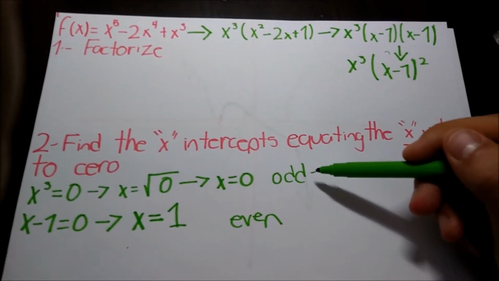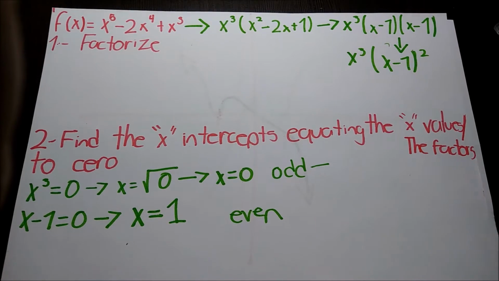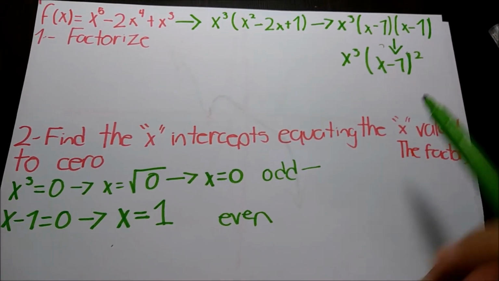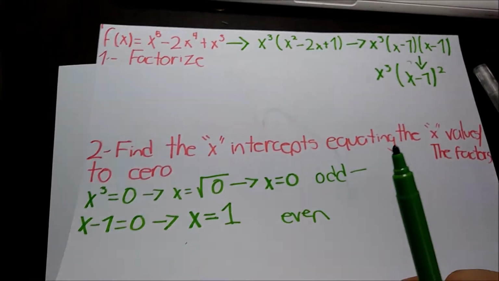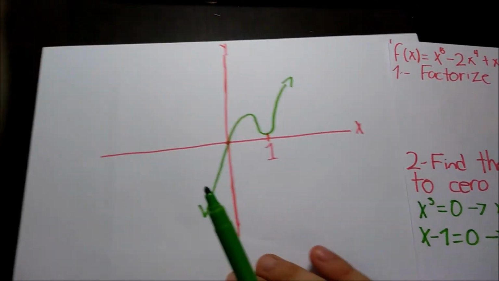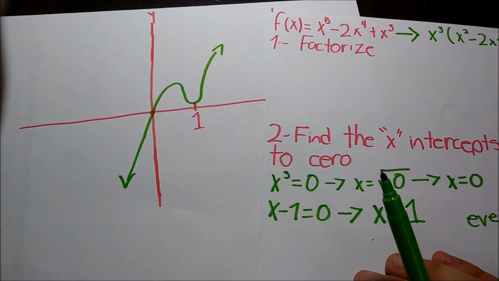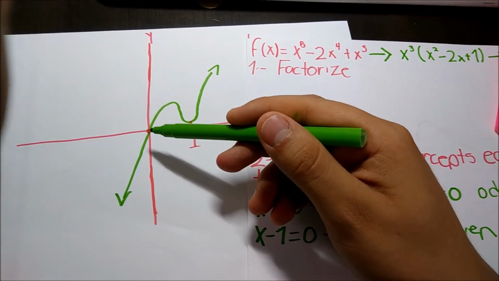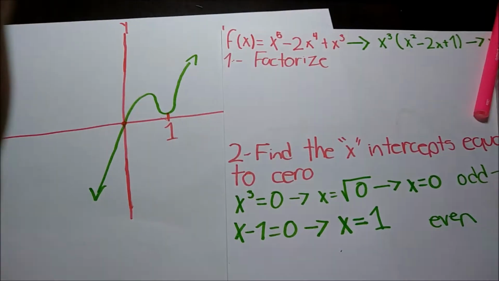So as I said, if it is odd, it crosses, and if it is even, it bounces, and the graph would be more or less like this. And why does it cross at the 0 value?